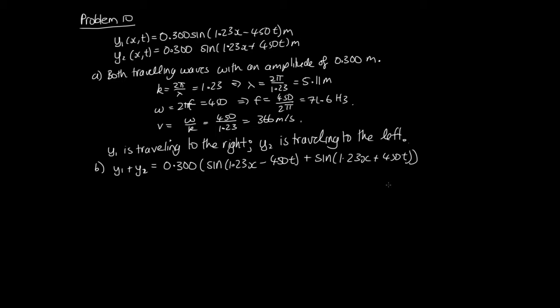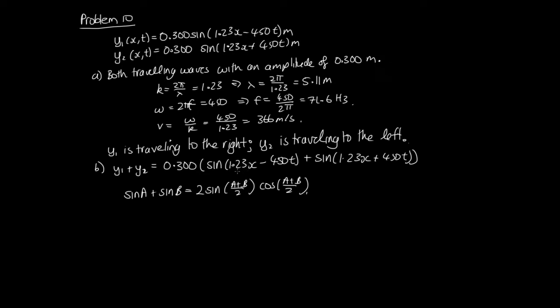Now, you might remember a quick way to do this, which is fine, but if you don't, then you'll need to work through using the relationship sine A plus sine B is equal to 2 sine of (A plus B) on 2 times cos of (A minus B) on 2.